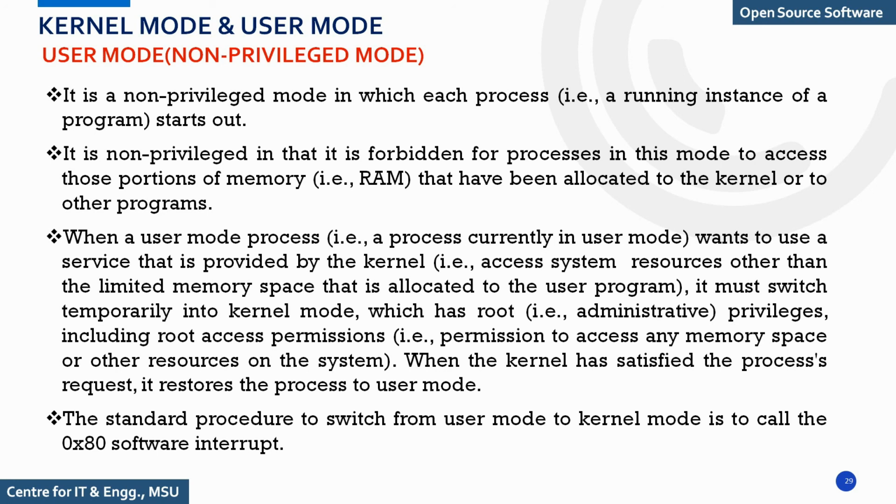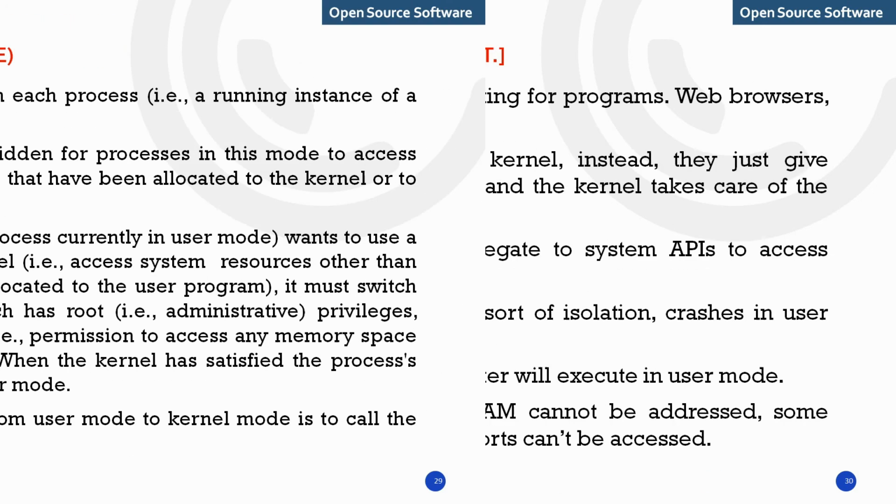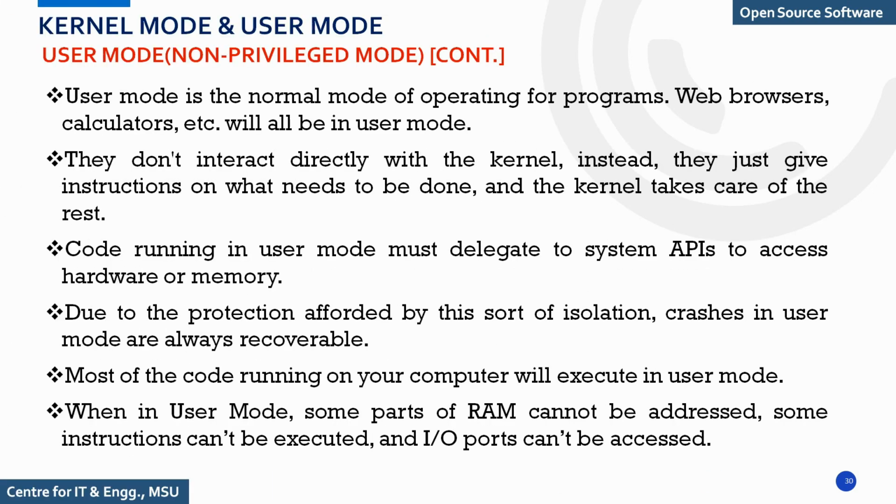The standard procedure to switch from the user mode to kernel mode is called the 0x80 software interrupt. User mode is the normal mode of operation of the programs. The web browsers, the calculators, and all the applications will run in the user mode. They don't interact directly with the kernel.